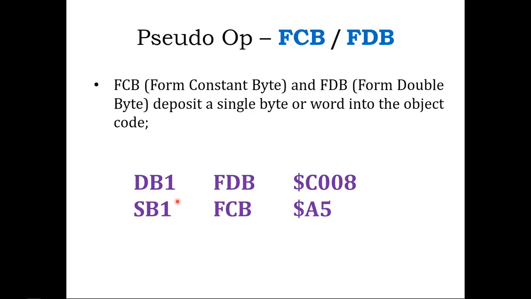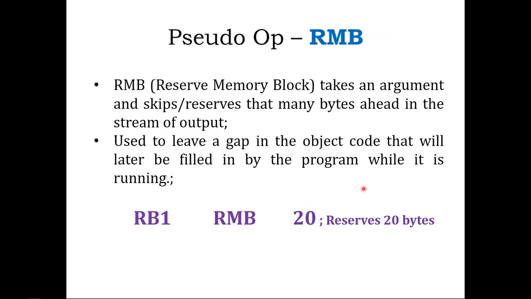The only difference between SB1 and DB1, meaning like FCB and FDB, is that this is a single byte and this is a double byte. So meaning 2 bytes. Obviously, if you see the 2 bytes, that means this is 2 consecutive addresses, okay? But remember, DB1 always refers to the address of the first byte, because it cannot refer to the address of 2 bytes simultaneously, right? So it refers to the address of the first byte, which is C0, okay? We actually don't know what the address is and we don't need to know it at this point, okay?